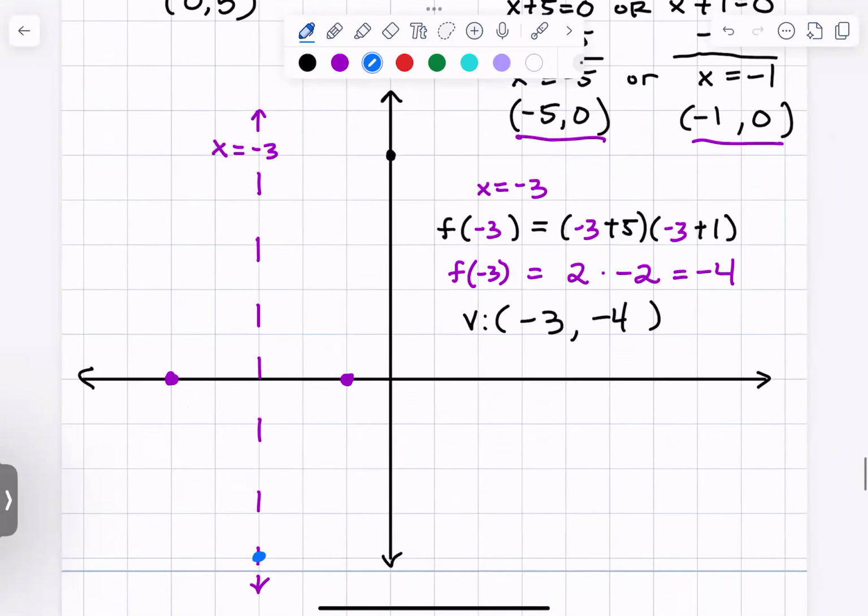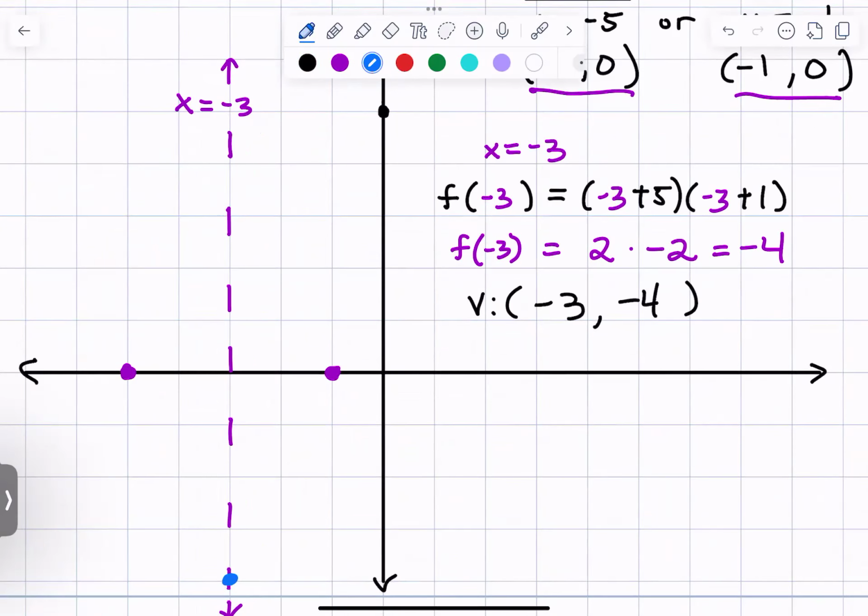So I have 4 points right now. 2 x-intercepts, my vertex, and my y-intercept, right? So from my y-intercept, right here, since this is 1, 2, 3 units away, go 1, 2, 3 units away, and there's my other point. Does that make sense?